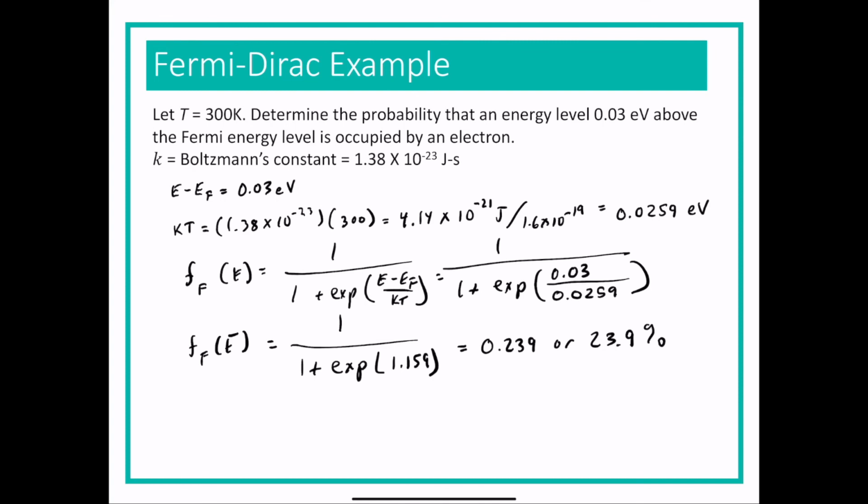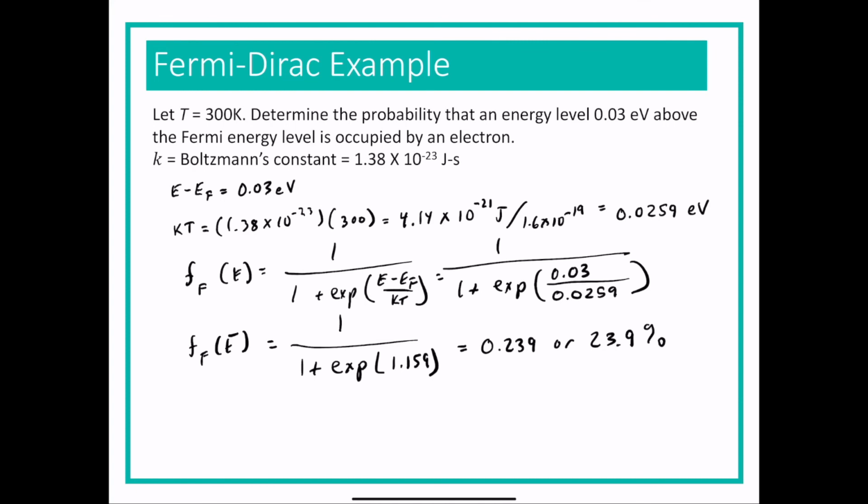The last thing I'm going to tell you, and this is not something you're going to have to use right now, but it will come in when we start combining. We're going to combine the density of states and the Fermi-Dirac probability function together after the next test, and that will tell us how many electrons and holes we have.